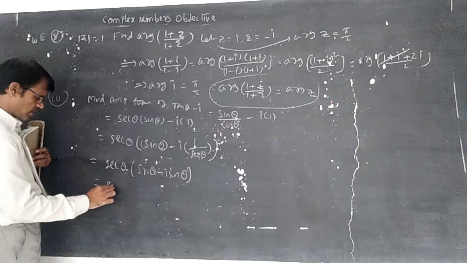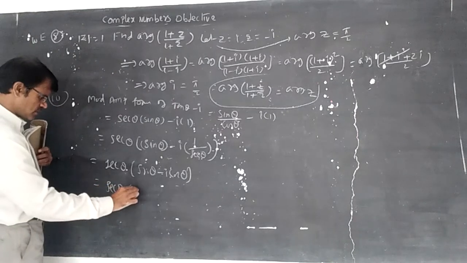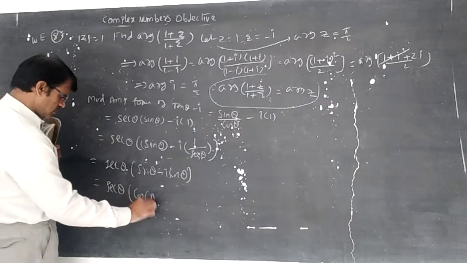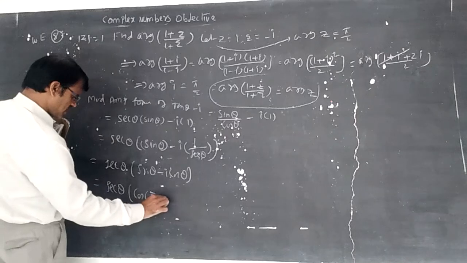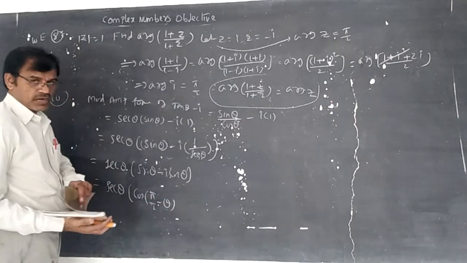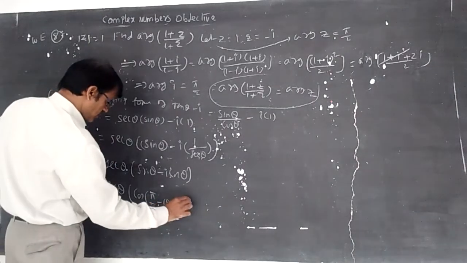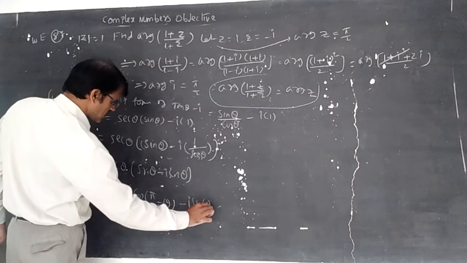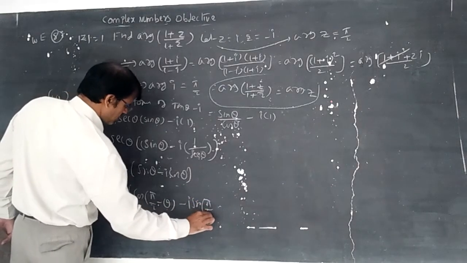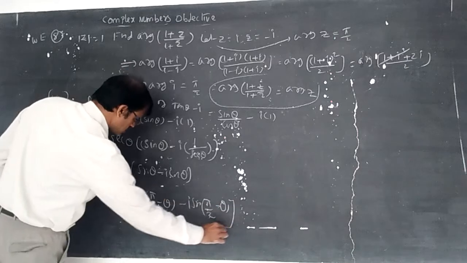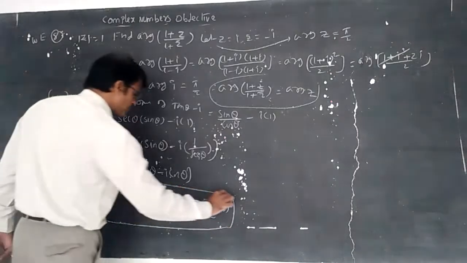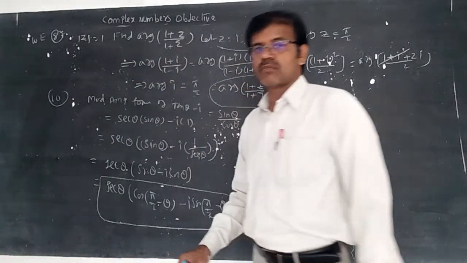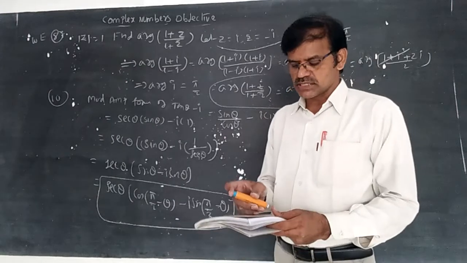Modulus amplitude form always starts with cos theta. So sin theta can be written as cos of pi by 2 minus theta, and minus i into cos theta can be written as sin of pi by 2 minus theta. This is the modulus amplitude form. The form is r into cos theta plus i sin theta.